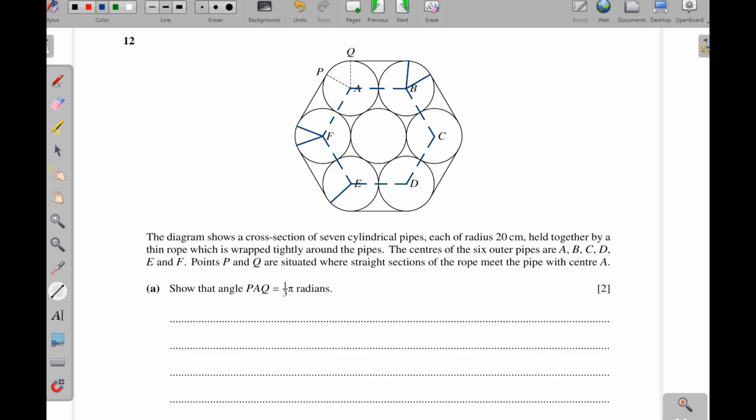Then there is that one there. So these angles are actually going to be all the same. So let me again make these ones dotted.